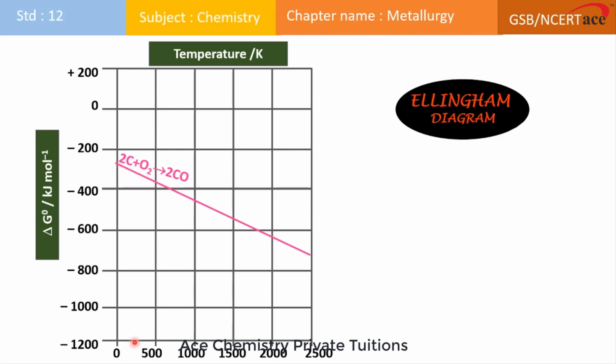For every step towards the right, as the temperature increases, the graph comes down, and as the graph comes down, the value of delta G becomes more negative. As the value of delta G becomes more negative, the stability of the oxide increases. So this graph clearly indicates that the formation of carbon monoxide from carbon is favored at low temperature, and carbon monoxide is more stable at high temperature.